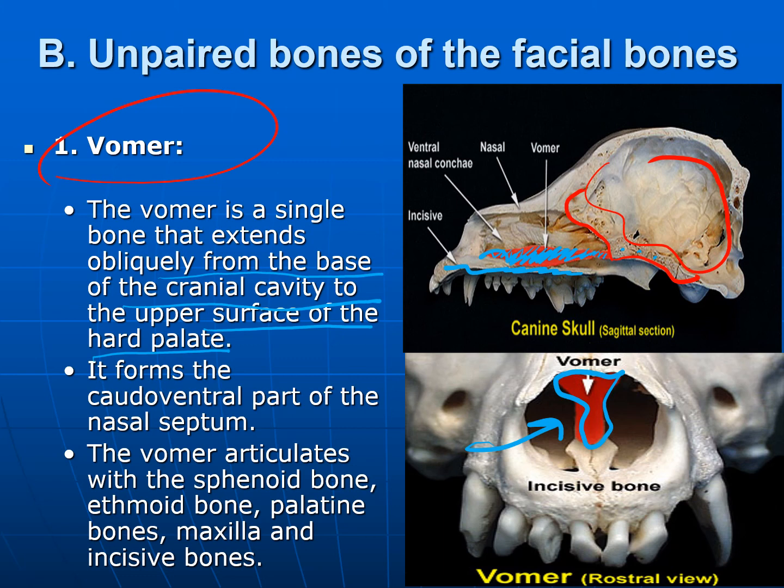It also articulates with the palatine, maxilla, and incisive bones. This is the area of the palatine, this is the area of the maxilla, and at the cranial portion, this is the area of the incisive. And this one here is the sphenoid bone.